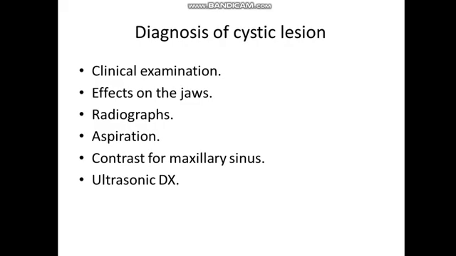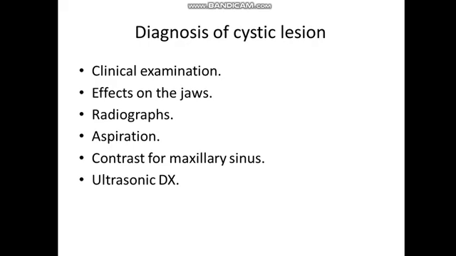So this feature might also be found during clinical examination. Ultrasonic, as the last point, could be used for soft tissue cystic lesions, for example in case of ranula or mucocele. But in general, the diagnosis of the cystic lesion could be by clinical examination.